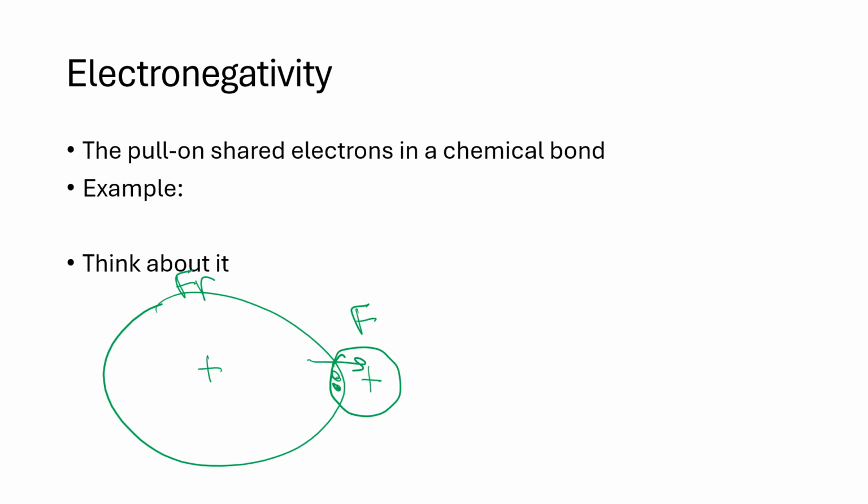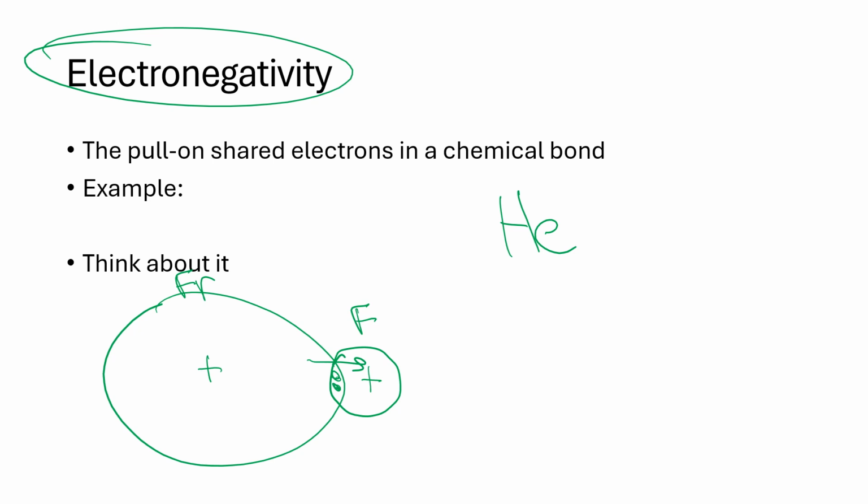Now, this is again based on radius size and based on what francium and fluorine, the ions they want to form. However, helium has the lowest electronegativity. For all the other trends, it follows the same thing.